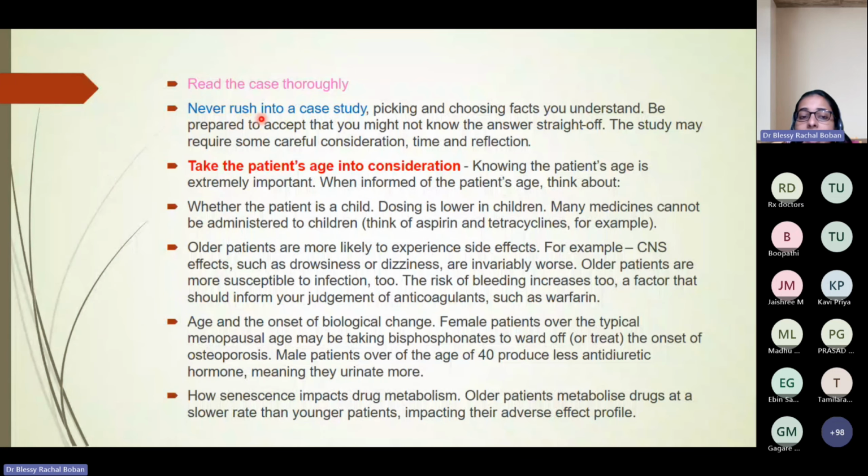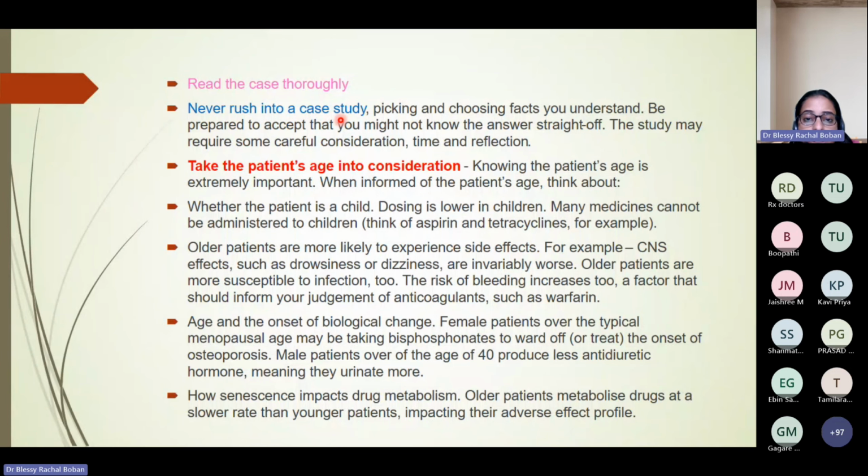That's why I'm telling you never rush into a case study seeing one disease condition. Don't assume the answer. Don't guess the answer. You have to consider the population, like pediatric or geriatric population. You better avoid polypharmacy; if there is any monotherapy, that would be better.